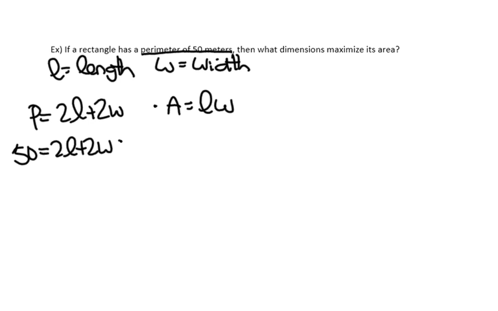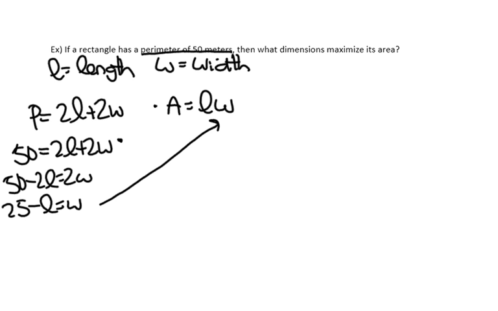I will solve this equation here for W. So I'm going to subtract the 2L and then divide by 2. Okay. Now, the width I'm going to put into the area here. So I'm going to call this area in terms of the length. Well, that's length times my width, which we figured thanks to the perimeter equation, 25 minus L.